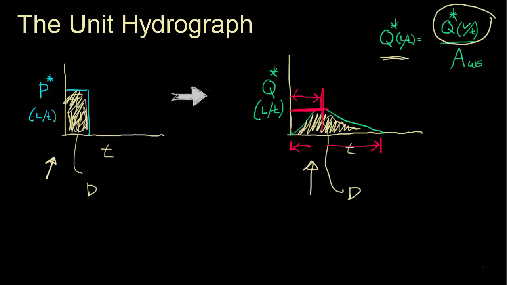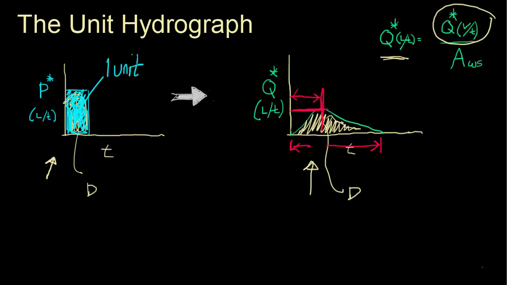The unit hydrograph idea is this. Create an event hydrograph for a specific watershed that results from a simple precipitation event that releases 1 unit of excess water on the watershed. In other words, we're going to say in this situation that this volume or this depth of water is equal to 1 unit, whatever that means.